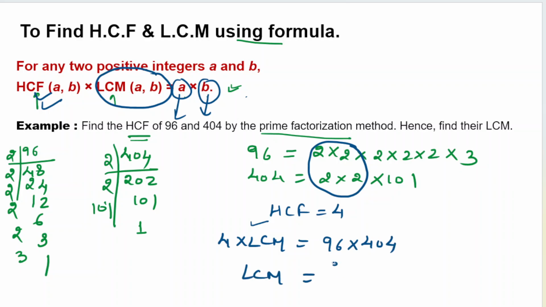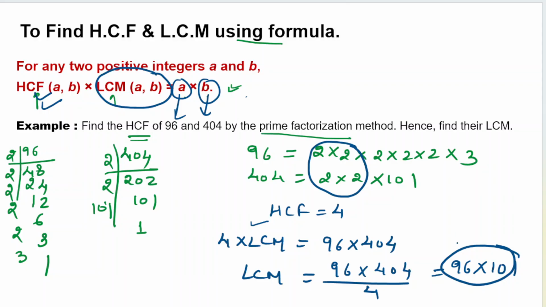LCM is equal to 96 into 404 divided by 4. It is 96 into 101. On calculating it, we get the value. So in this way, we can easily find the HCF and LCM of any two numbers by using this relation.